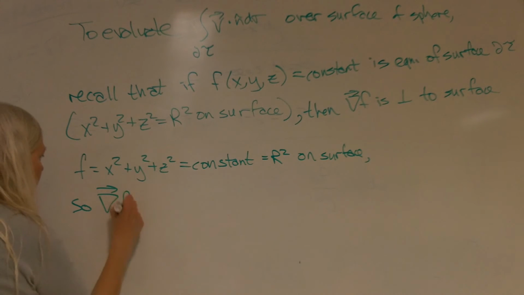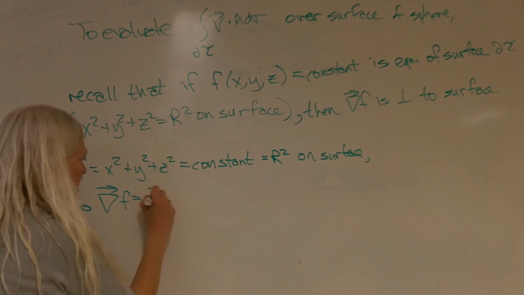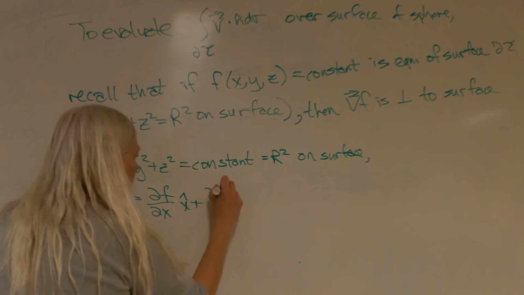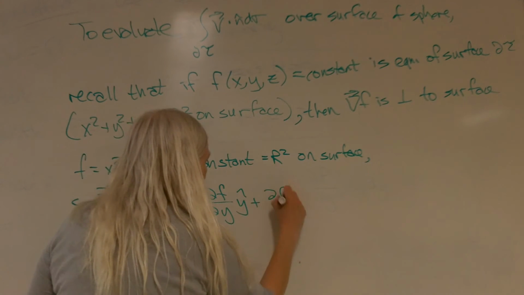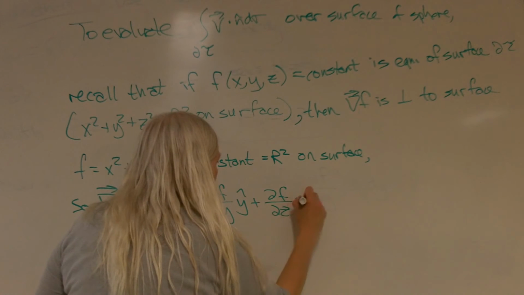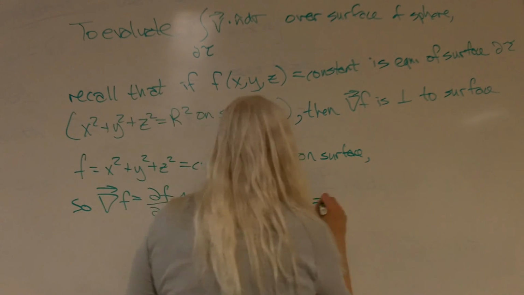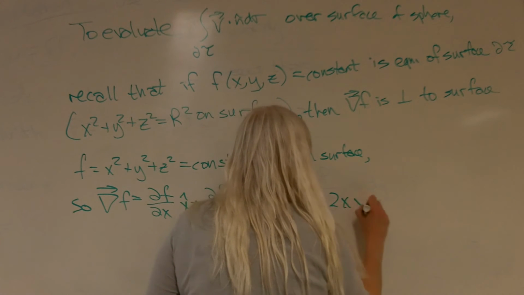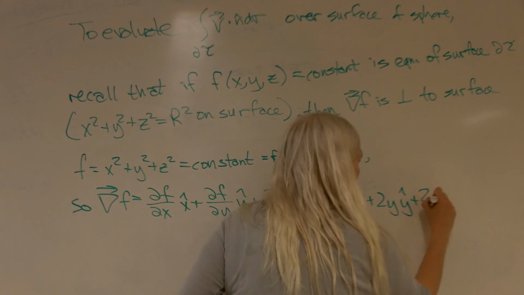So the gradient of f, which of course we get by taking the derivative of f with respect to x times x hat plus df dy times y hat plus df dz times z hat, for this f is going to give us 2x times x hat plus 2y times y hat plus 2z times z hat.